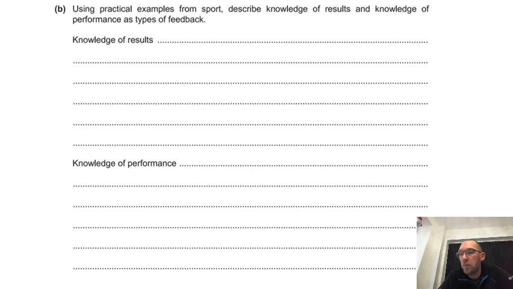Candidates should be encouraged to use their own words to describe or explain technical terms. The better candidates gave a valid description for each and could use practical examples to show that they could apply this to the question, worth 4 marks.